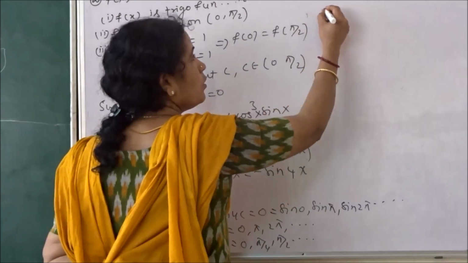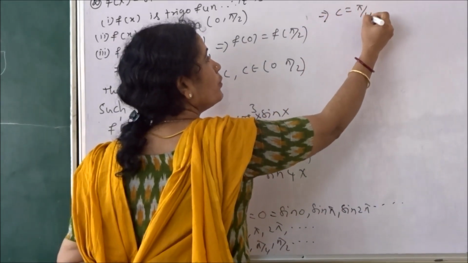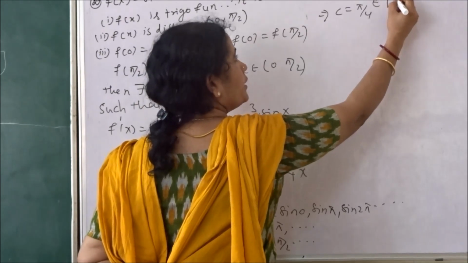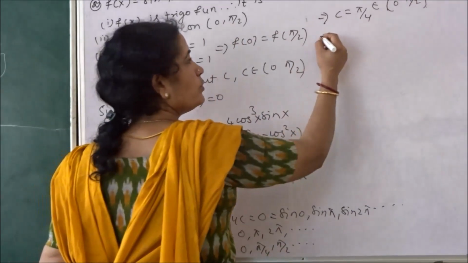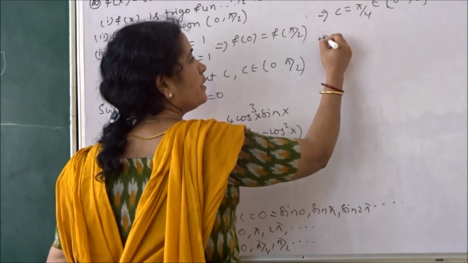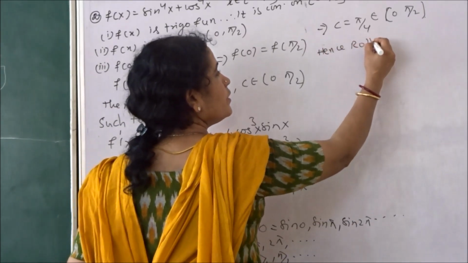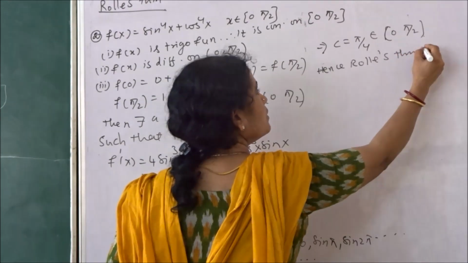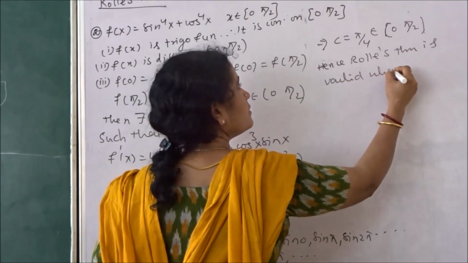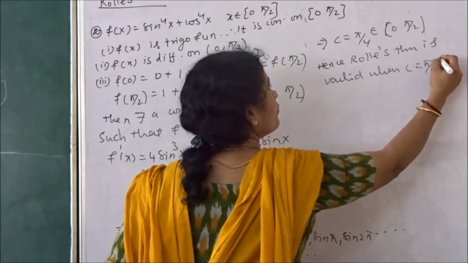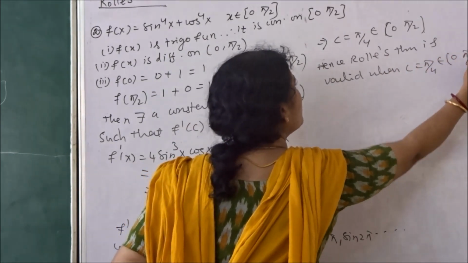So this implies only c is equal to pi by 4, which belongs to the open interval. We are looking at differentiability in the open interval. Hence, Rolle's theorem is verified when c is equal to pi by 4, which belongs to the open interval 0 to pi by 2.